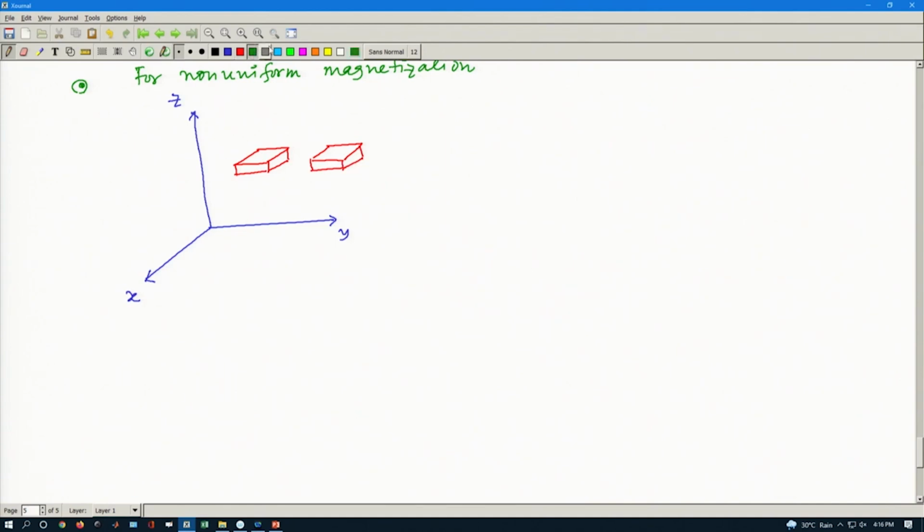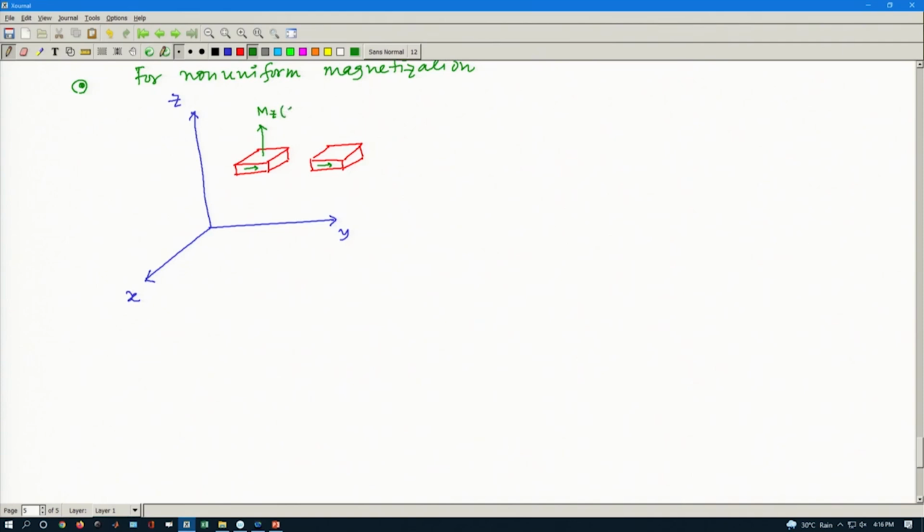The current is flowing here and the magnetization is along this direction and this is over the z direction. So, magnetization, I have the z component, and now it becomes a function of y because I am putting this side by side. So, it is a function of y now.